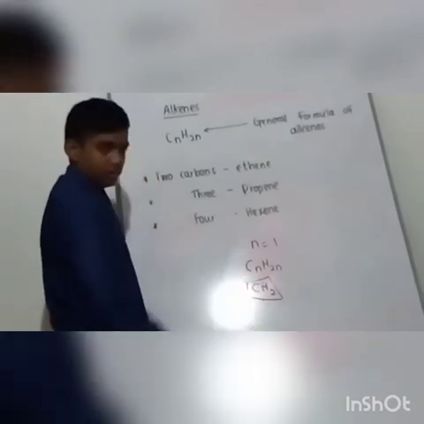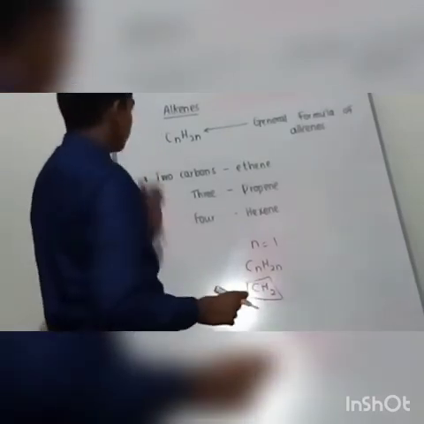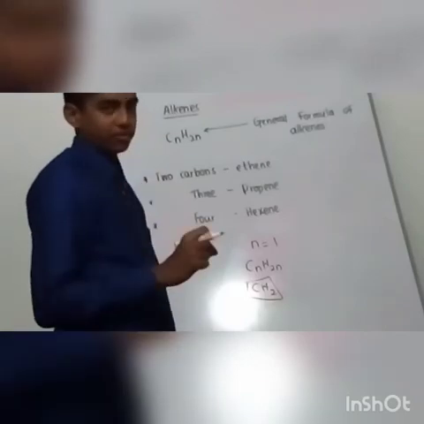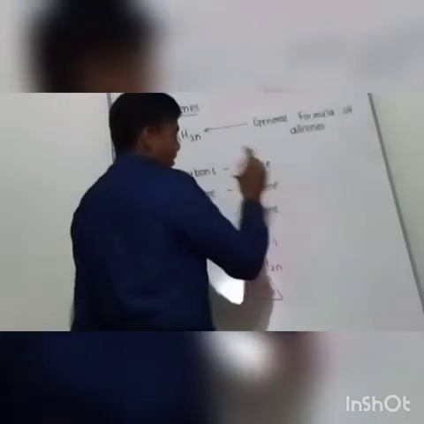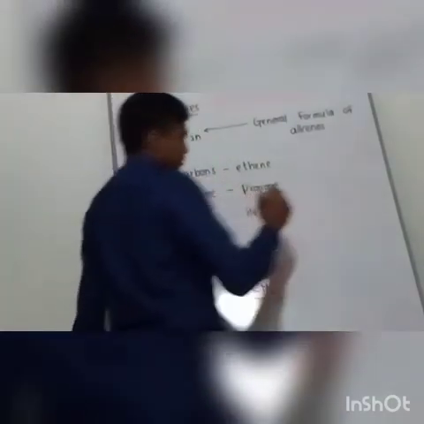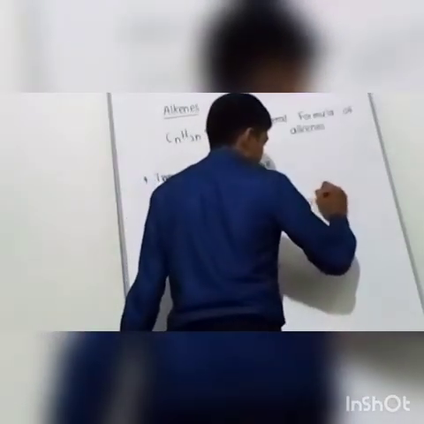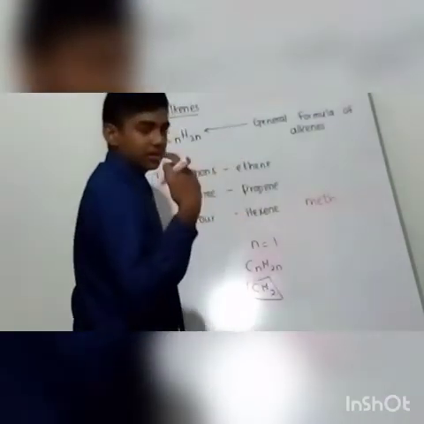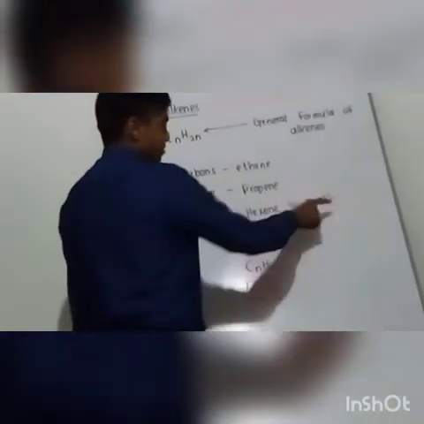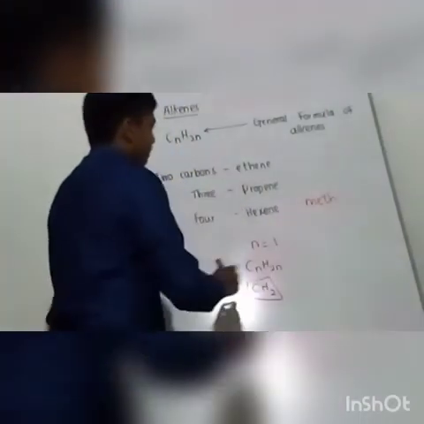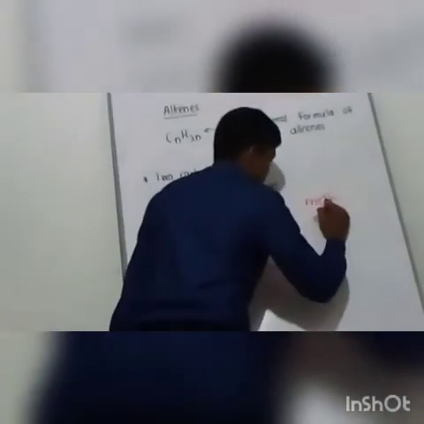Here it's 1 carbon. From this we decide the prefix of our alkene. If it's 1 carbon, the prefix is meth. For alkanes, alkenes, alcohols, anything, if it has only 1 carbon, it's meth. If 2, it's eth.